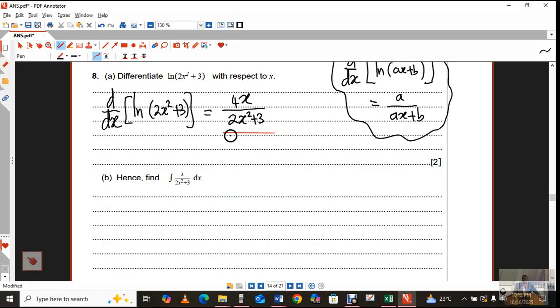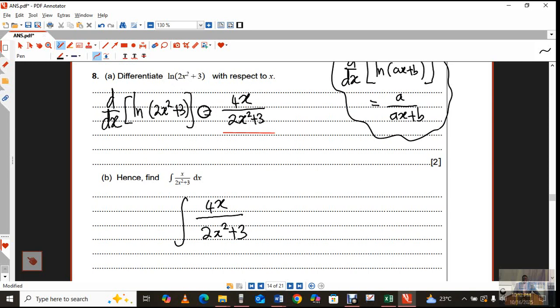So you have over here the derivative, 4x all over 2x squared plus 3. If you derive the function, it's going to give you this answer, and if you have the derivative and you go backwards, you get to the function.